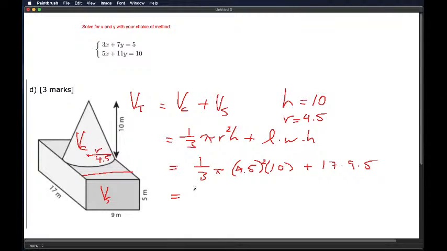So I do 4.5 to the power of 2 times 10 times pi times 1 divided by 3, and I add that to 17 times 9 times 5. This should equal, Maria, 976.95 meters cubed. So there's your volume there.